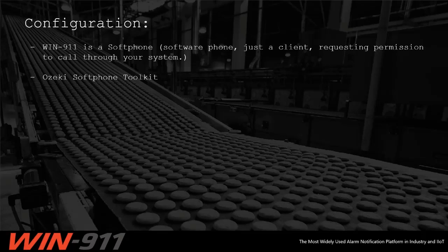We just use the Ozeki soft phone toolkit, right? So that's why I can't tell you how to set up your VoIP server. Whoever's in charge of that should know how to do that. And then in the WIN-911 settings, we're just a soft phone. Go ahead and give us a user or a number or an extension or something that's allowed to call through your system. And we'll get into those settings during the demo as well.